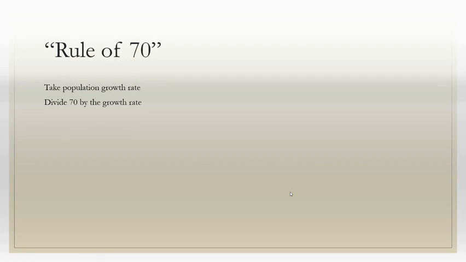Then the result is, in years, the approximate time for a population to double. So in the example I just gave you, if you take 70 and you divide it by 4.5, you get 15.55, kind of 5 repeating. So 15.5 years that it would take for a population to double at a growth rate of 4.5%.